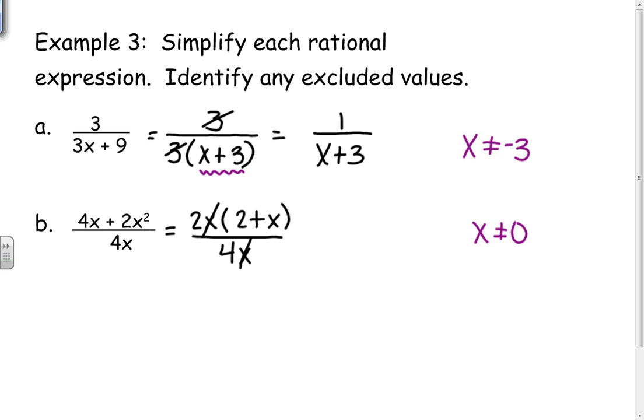The x's go away, and the 2 over 4 becomes a 1 over 2. So my final answer is 2 plus x on the top, with or without parentheses, doesn't matter, and a 2 on the bottom. Pay close attention to the fact that you can't cancel the 2 on the bottom with the 2 on the top, because the 2 on the top is linked to the x, and so they can't cancel.